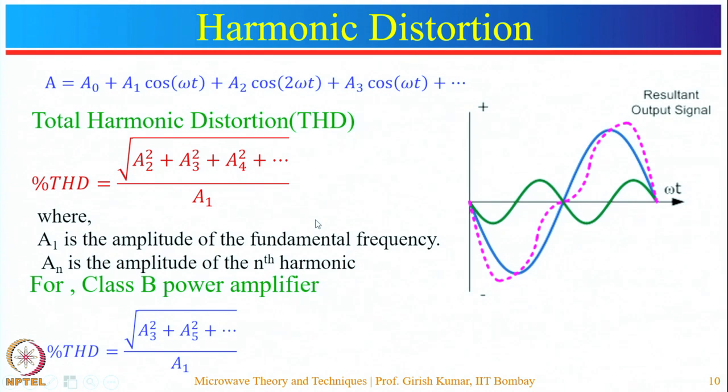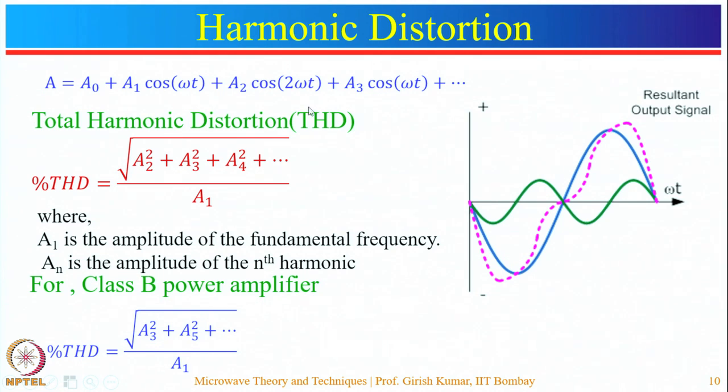So the harmonic distortion is given by the value acquired by the harmonics. This is given by the root mean square value of the harmonics over the power delivered to the fundamental harmonic. Here A1 is the amplitude of the fundamental frequency and An is the amplitude of the nth harmonic. In case of class B amplifier, since the output currents due to the complementary transistors are out of phase, the even harmonics will be absent, and only odd harmonics will be present.